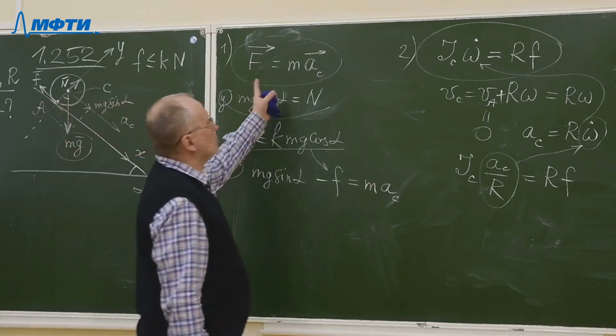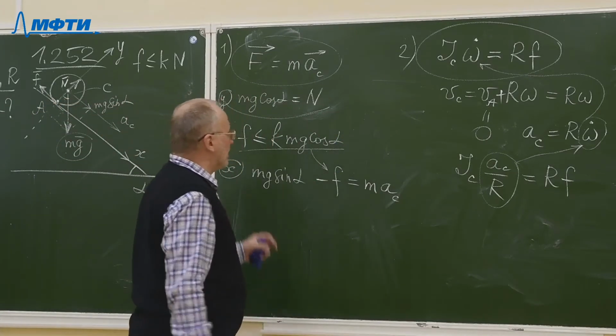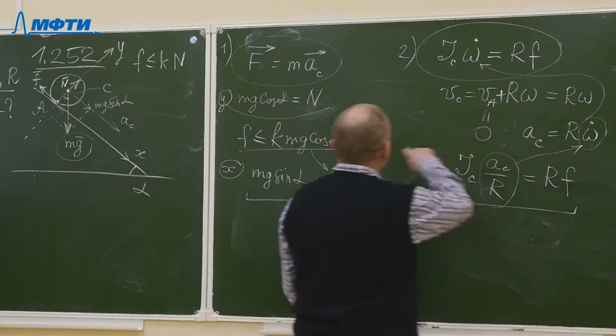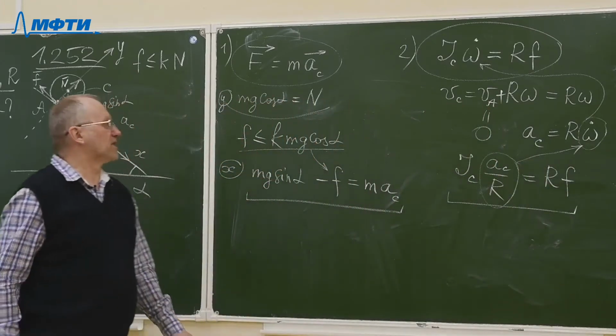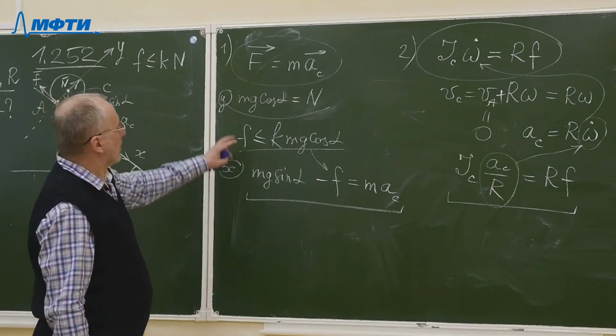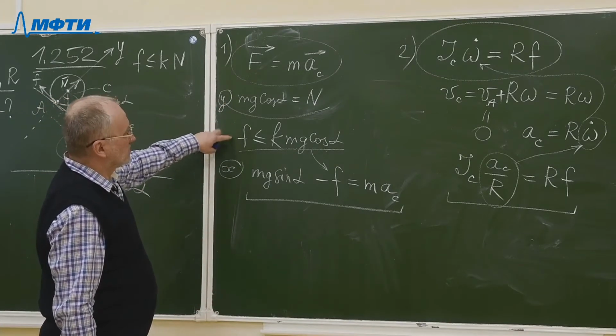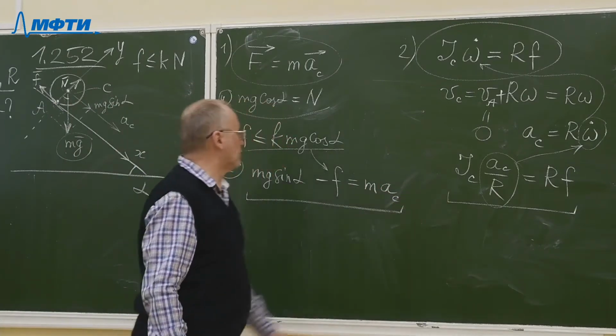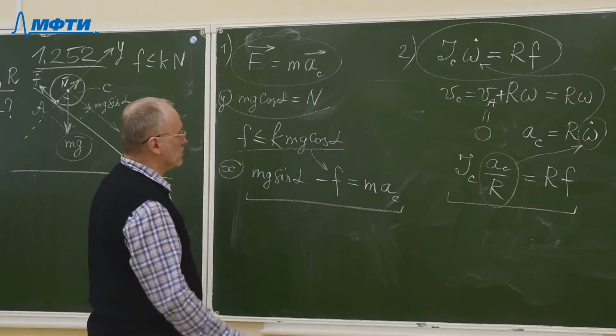These two different laws of physics give us two equations, this equation and this equation, after some calculations. After some deliberations, we obtained two equations. And in these two equations, we have two unknown quantities.